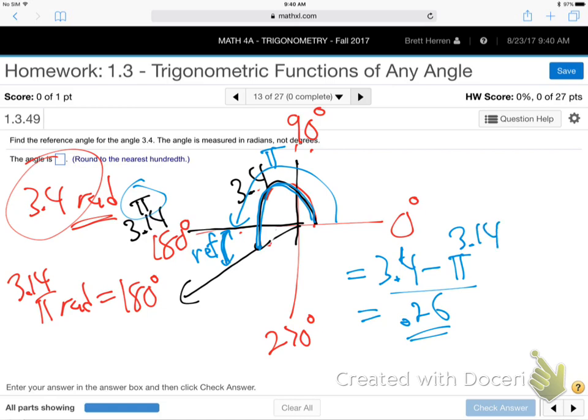So that's how you would just stay right within the radian system. You got to realize that pi is 180. Yeah, well, 3.14 radians is 180 degrees. So your option, either way you want to do it, same answer in the end. Less converting here. I mean, no converting. So that's kind of nice. Good? We good with that?